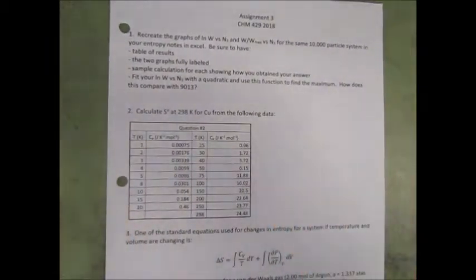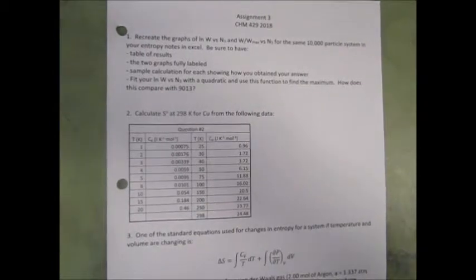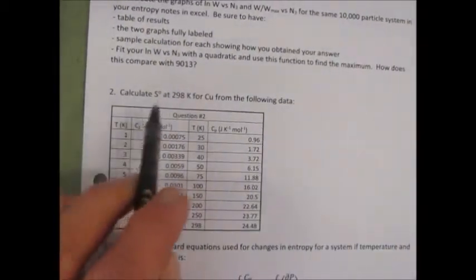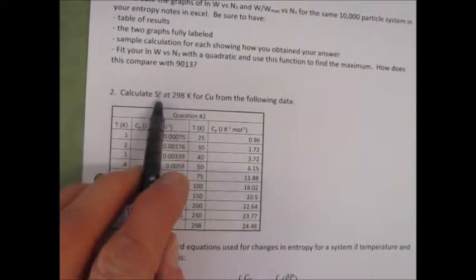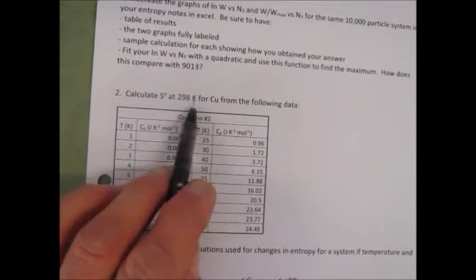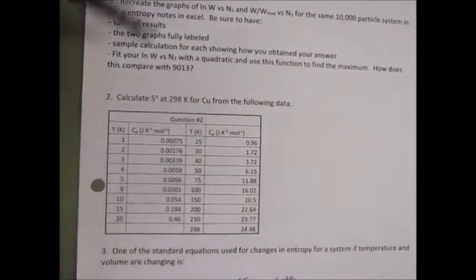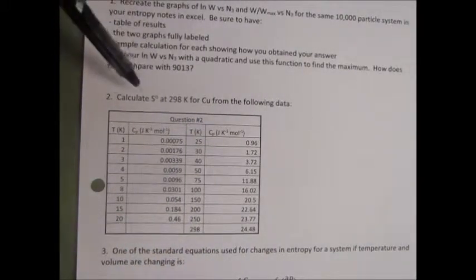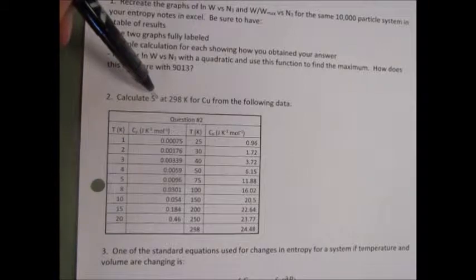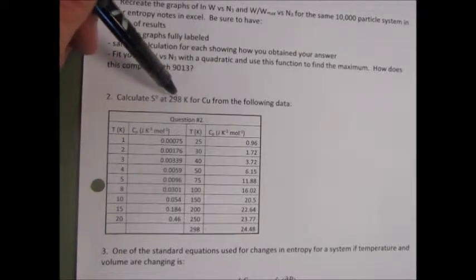So we're given, and let me see if I can adjust this a bit: calculate the standard knot entropy at 298 Kelvin for copper. So we know that at the back of the book, they give you absolute values of entropy, and the knot stands for 1 bar, and the back of the book is 25 degrees Celsius.